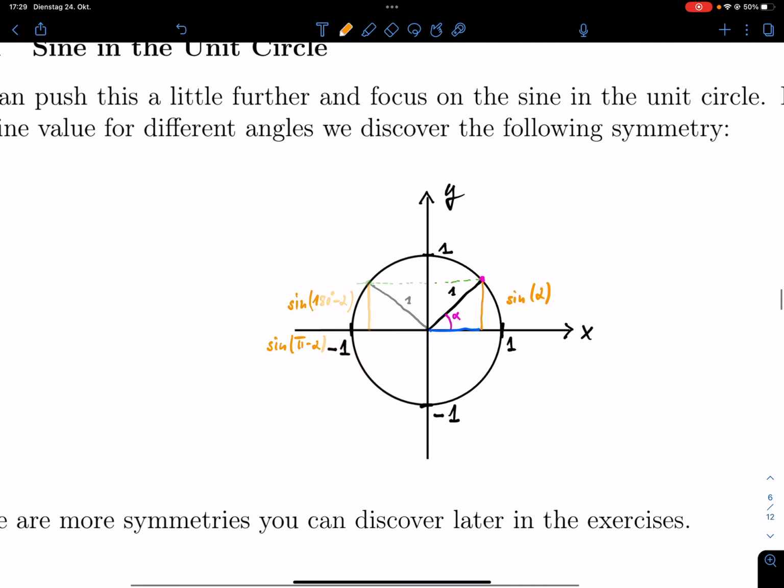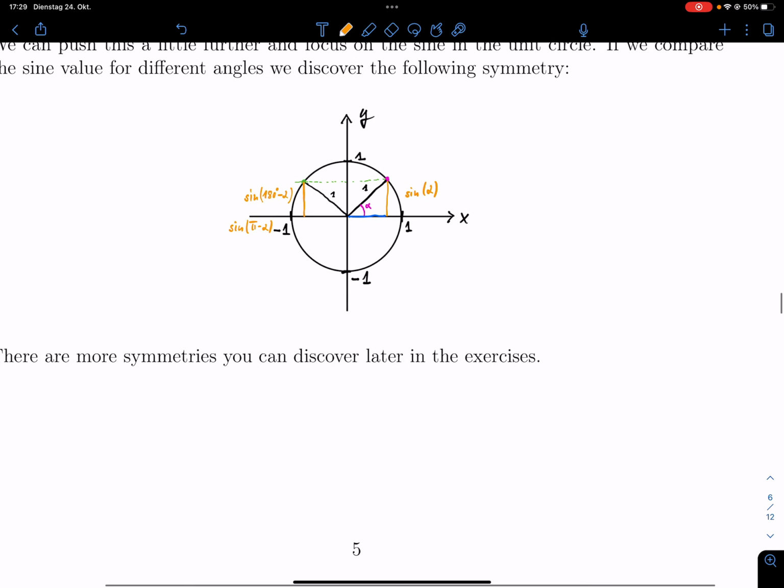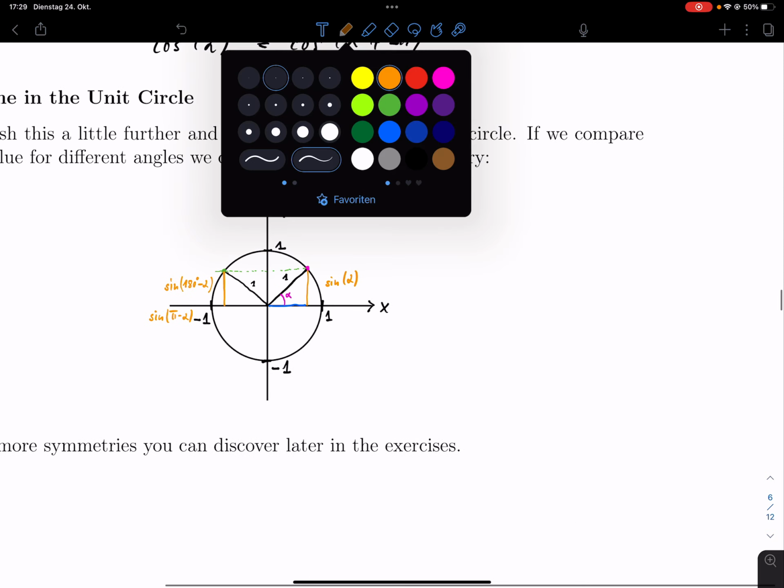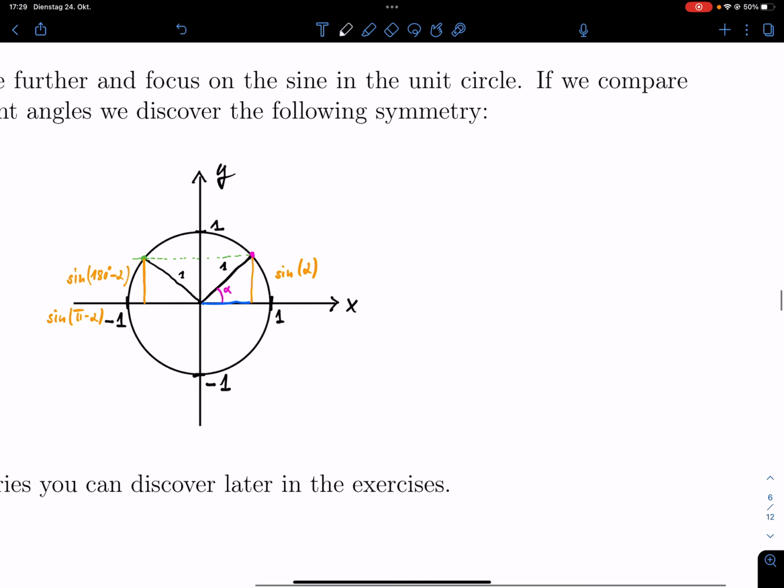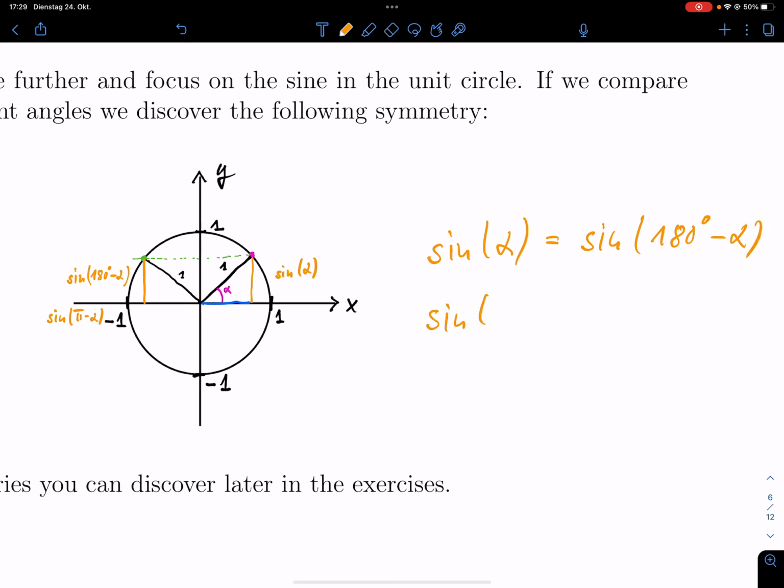And that here is the symmetry for the sine, that you say, hey, okay, for the sine in the unit circle, or in general, sine of alpha is the same thing as sine of 180 degrees minus alpha, or sine of alpha in radian is the same as sine of pi minus alpha.